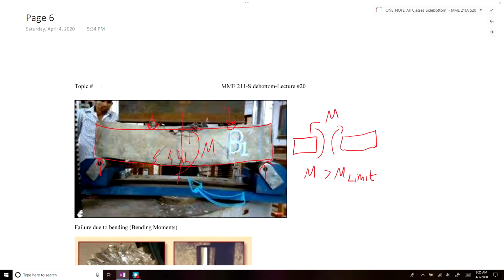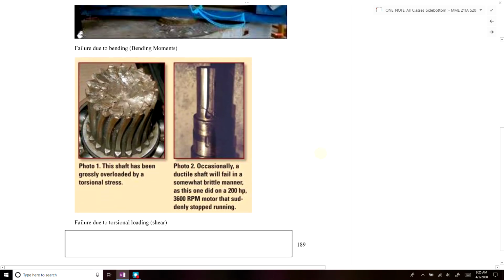And then the last type of situation is if you had a torsion or a torque. These are two examples of torsional failures in mechanical components, and typically this is found a lot in drive shafts within engines and transmissions.